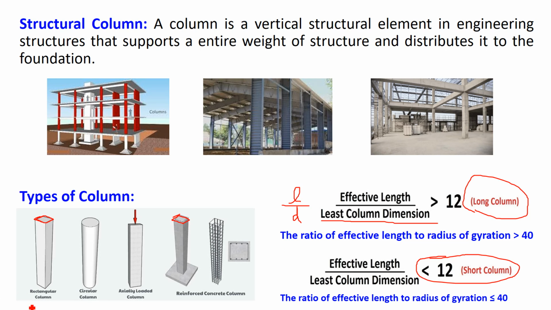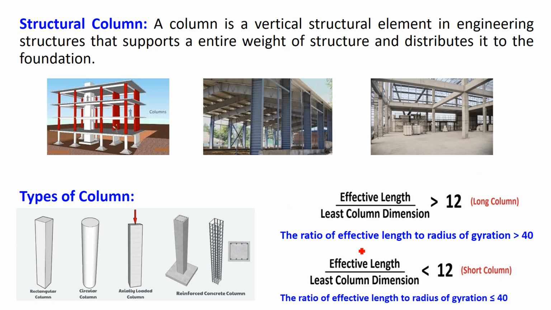You can define long column and short column based on some other ratio also. For example, the ratio of effective length of the column to the radius of gyration, that is represented as rho. So if this ratio is greater than 40, it is called a long column, and if it is equal to 40 or less than 40, it is called a short column.